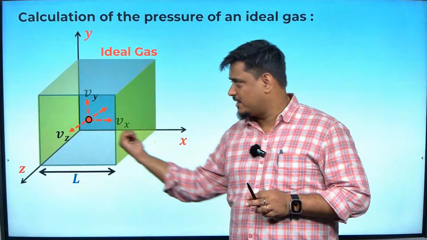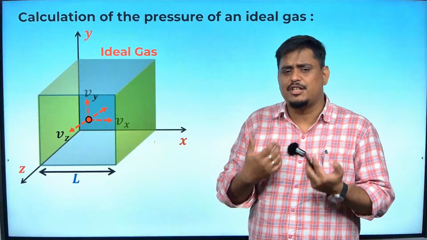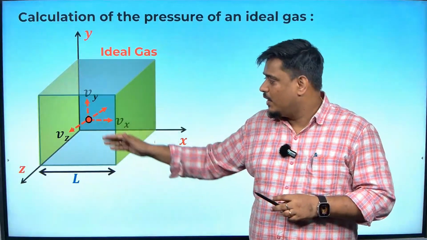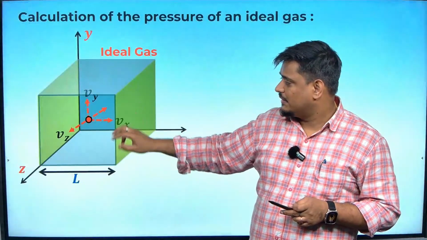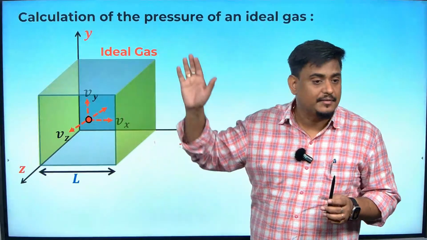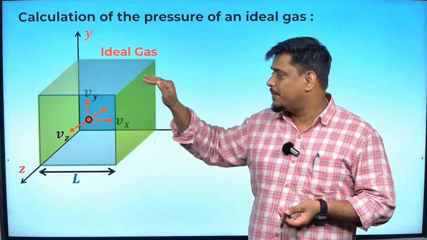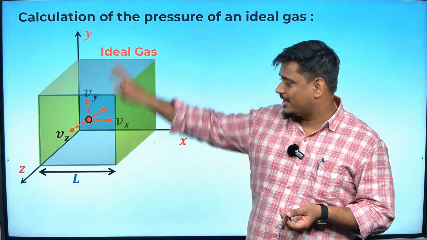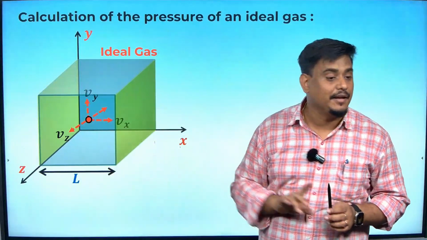If this is x direction, these two planes are yz planes. So I'll try to find what is the pressure exerted on the yz plane. In the same way, when the gas molecule comes in z direction, what is the pressure exerted on the xy plane? That we will find. And then what is the pressure exerted if the gas moves in y direction, and what is the pressure exertion on the xz plane?